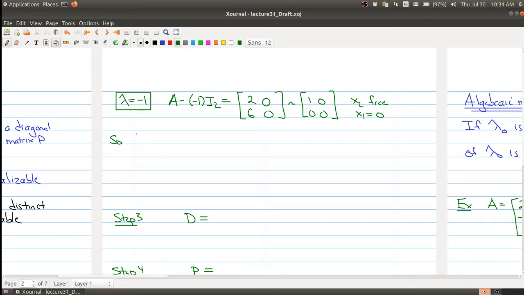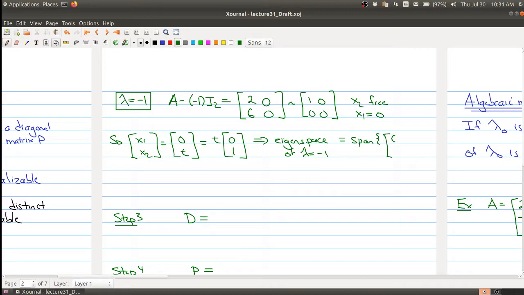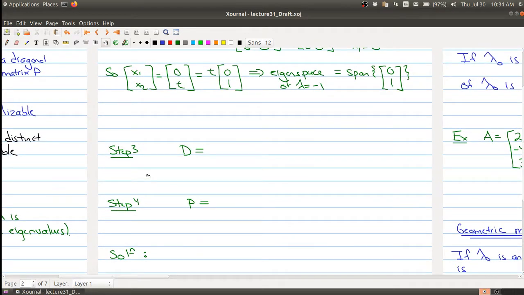So our solutions all look like (x1, x2) equals (0, t), which is equal to t times the vector (0, 1). So this implies that the eigenspace of lambda equals negative 1 is equal to the span of that single vector, (0, 1).